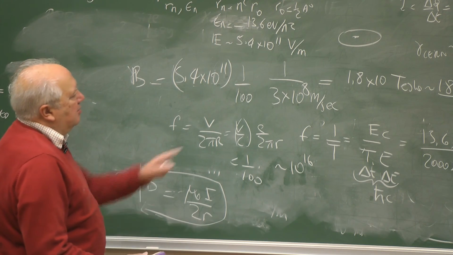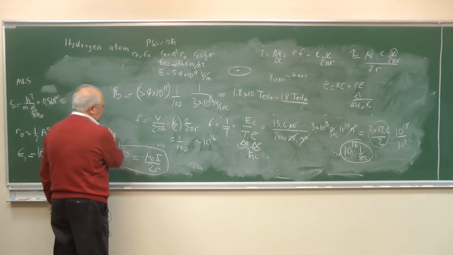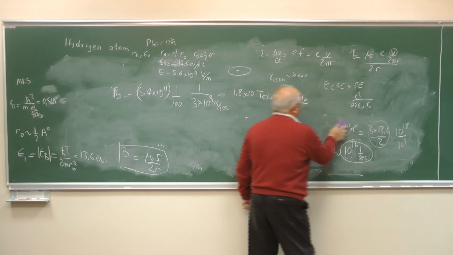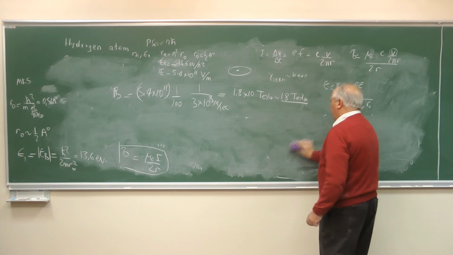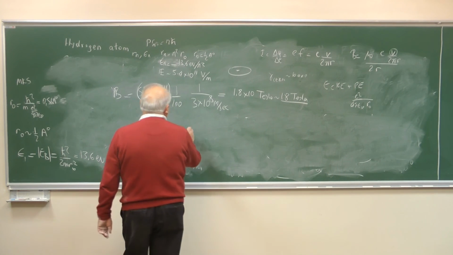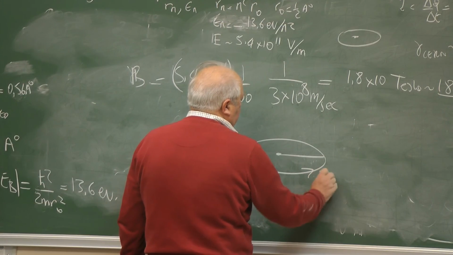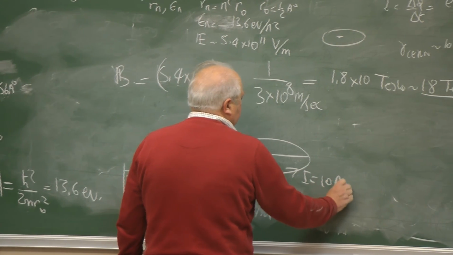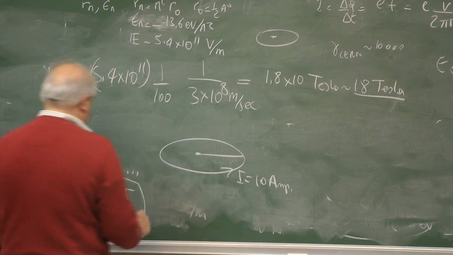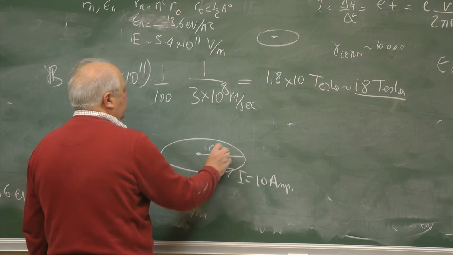Okay, now coming back to magnetic fields in daily life, I'm erasing this. So let's take a current loop, for example. Let I be 10 amperes. And let's take an easy radius, let's say 10 pi centimeters.